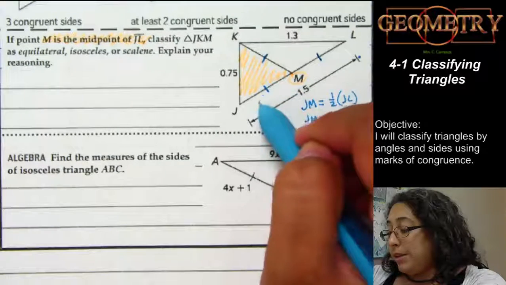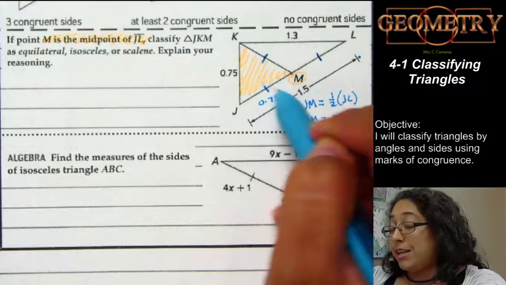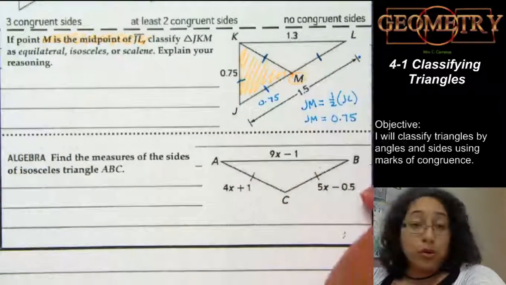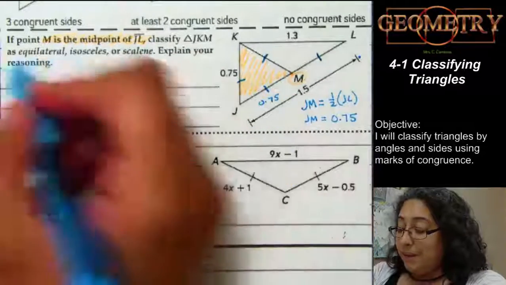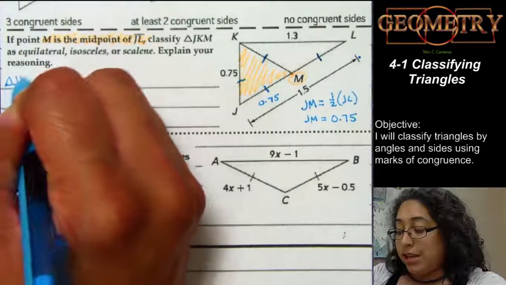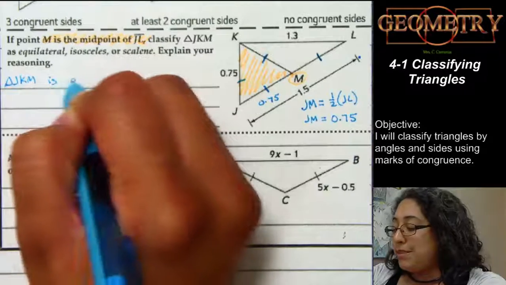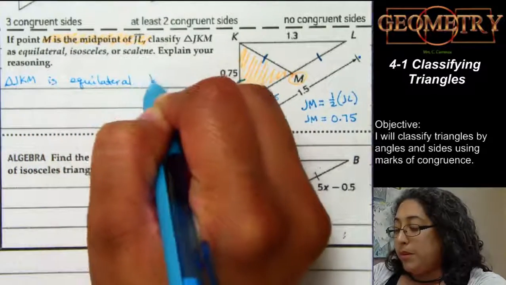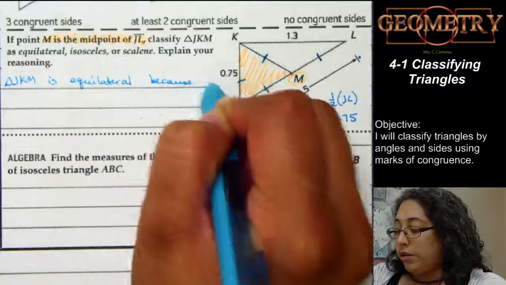Because JM is 0.75 and JK is also 0.75, I can say that those two sides are congruent. This means that triangle JKM is most definitely an equilateral triangle because all the sides are congruent.